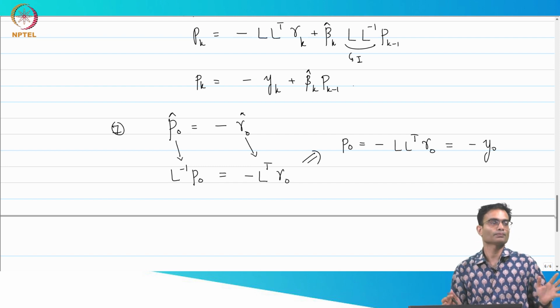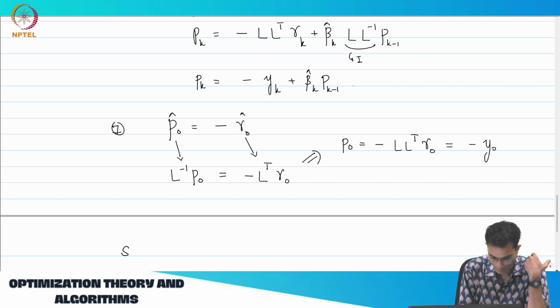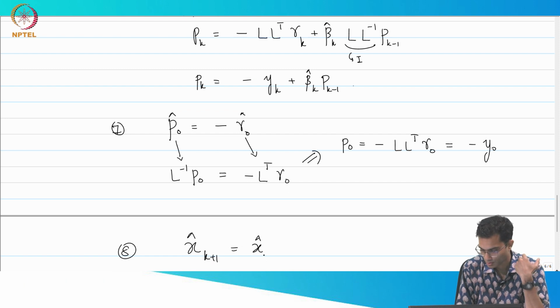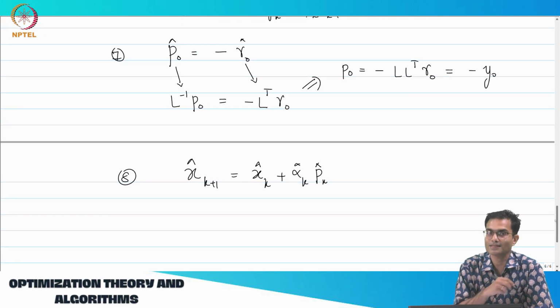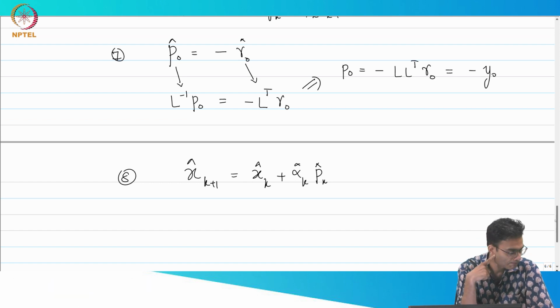The final piece of the puzzle is how do I go to the new x. So let us look at that. New x is going to be, that is my expression for it. Now, what is x hat in terms of L?